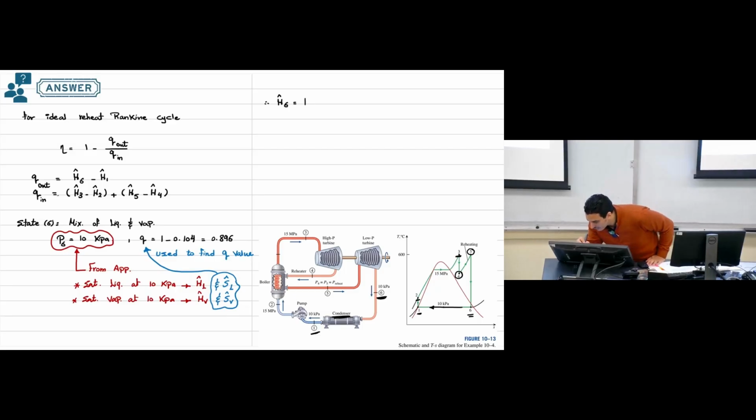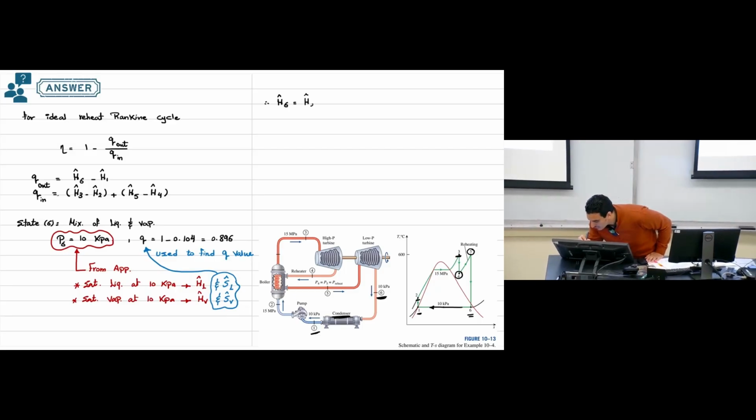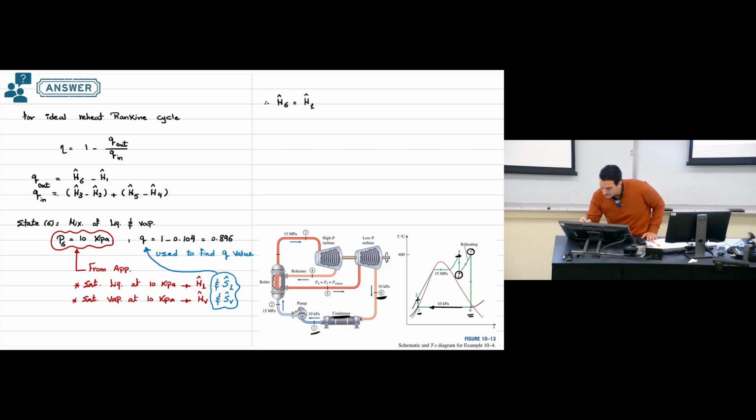So the enthalpy at point number 6 will be enthalpy of the liquid plus Q times enthalpy of vapor minus enthalpy of liquid.